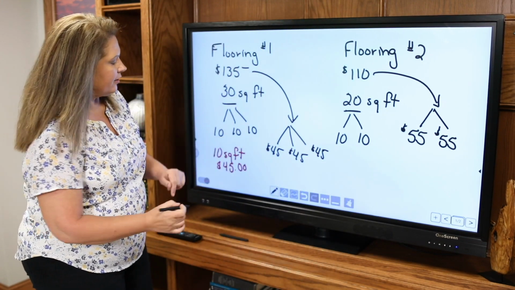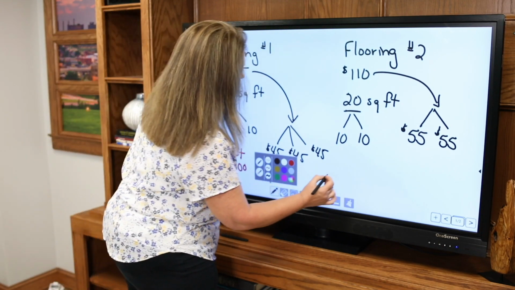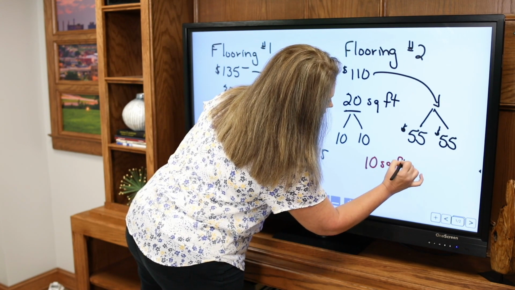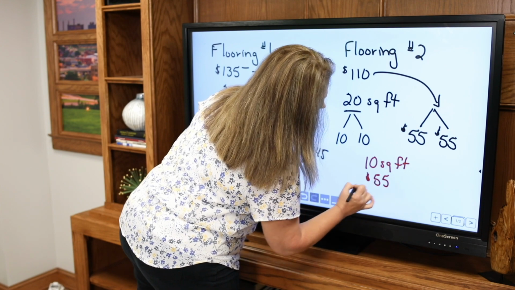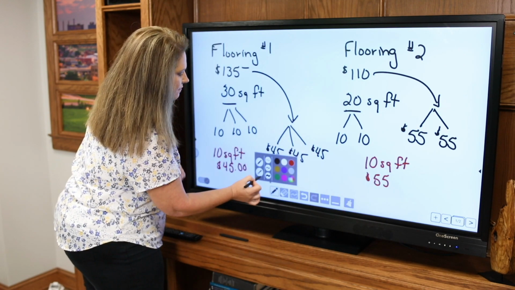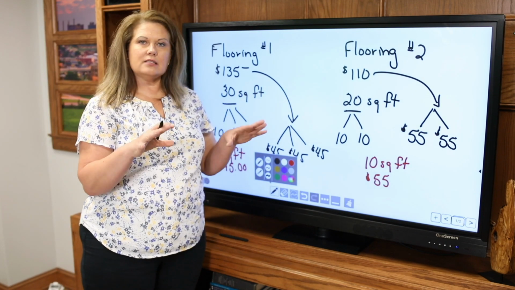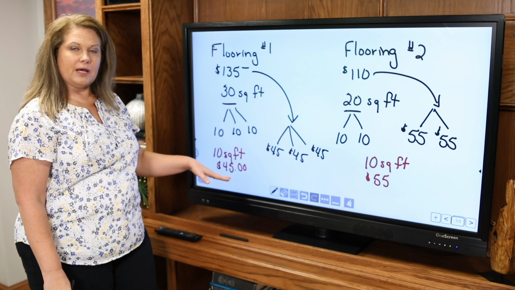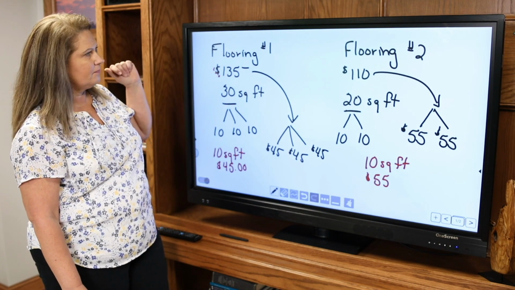So when I come down here to compare, and I'll change colors so you can see a little better, 10 square feet of flooring number 2 is going to cost me $55. So just based on 10 square feet, this one's going to be my better buy, even though I have to purchase it in bigger bundles.